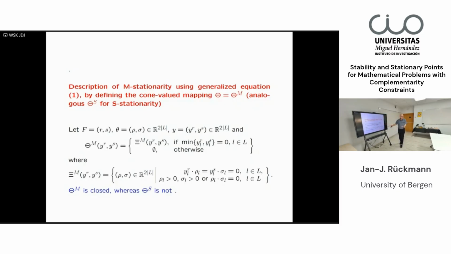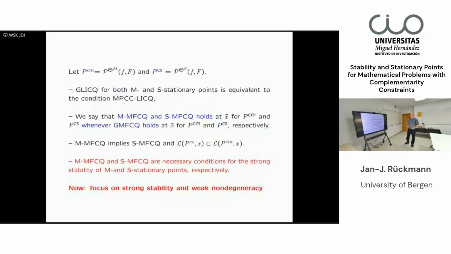So that looks very technical. Of course, you cannot get this immediately. But the interesting thing is here that this capital Theta M is a closed set where Theta S is not closed. Of course, that has some consequences for proofs and so on when we are looking at different descriptions using generalized equations. Okay, and here are some conditions.